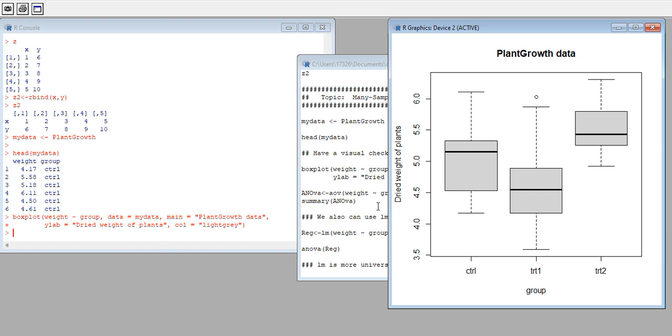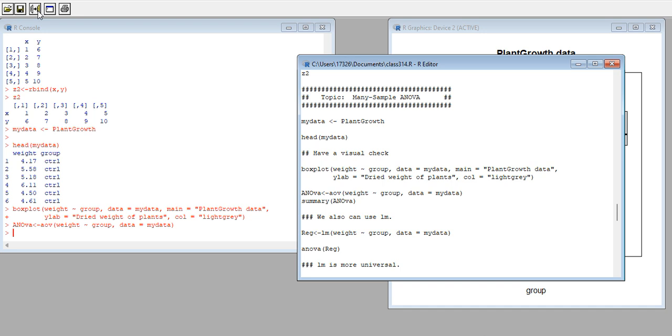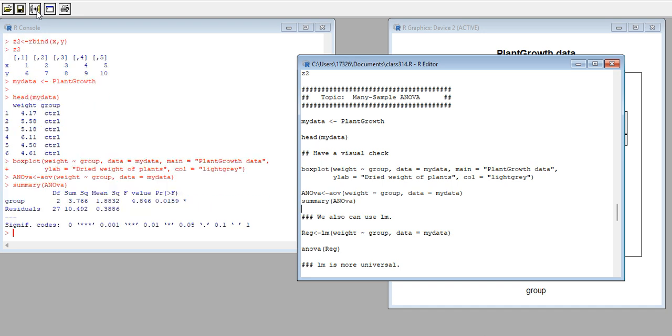If we want to check significance, we can use ANOVA. In R we have the AOV function for ANOVA: this weight variable related to group. We use the AOV function and put the result here. To check the result, we use summary.